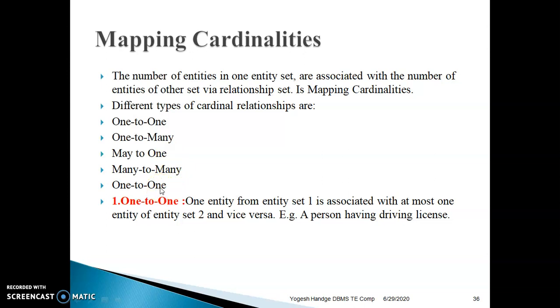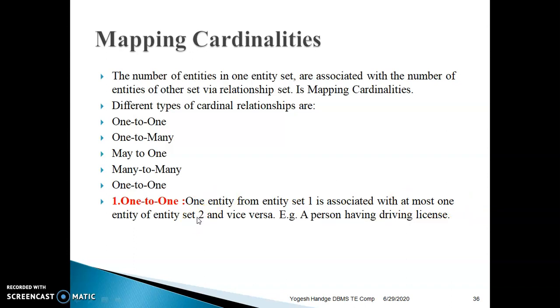See again, I have written one to one by mistake, so ignore this last one. One to one mapping cardinality means one entity from entity set 1 is associated with at most one entity of entity set 2.